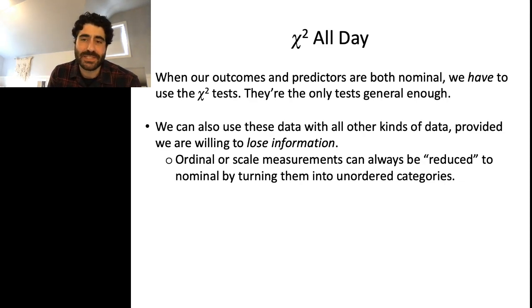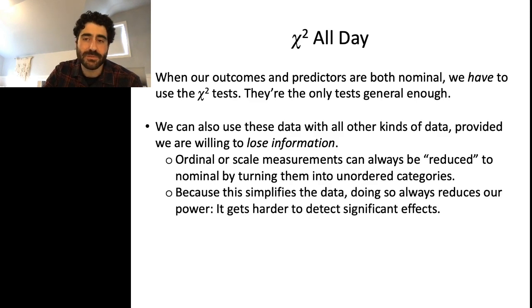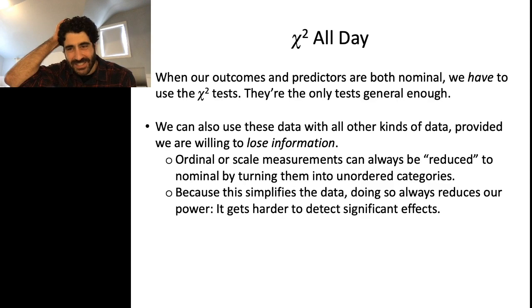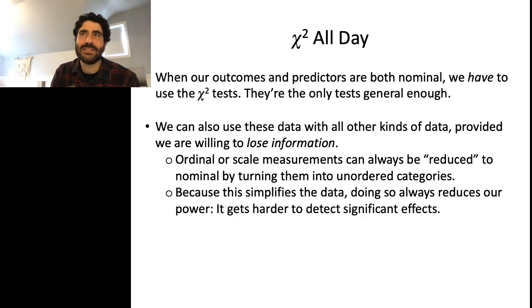And there's an obvious downside to this, which is that it's going to reduce our power, right? Remember we talked about this last time about power efficiency: anytime we're throwing away stuff in our data and making fewer assumptions about our data, it's going to make it harder to detect real effects. And so this is usually going to be a bad thing.